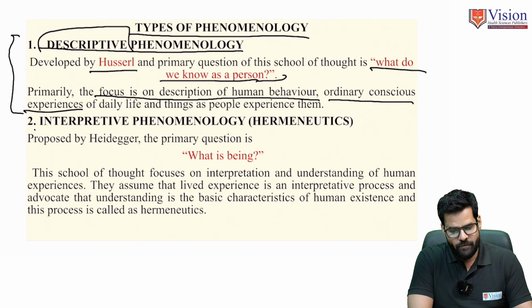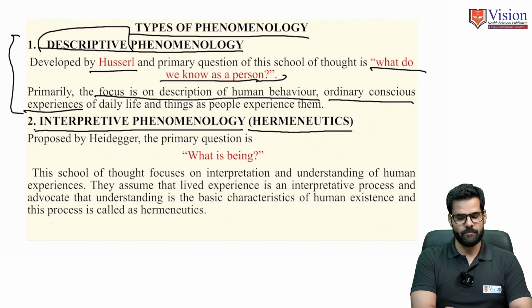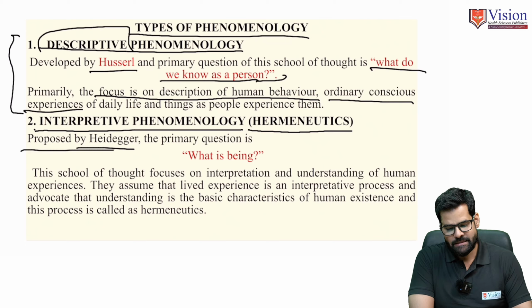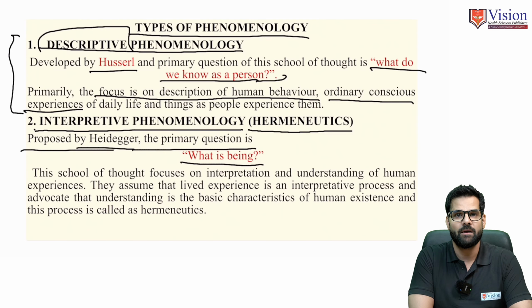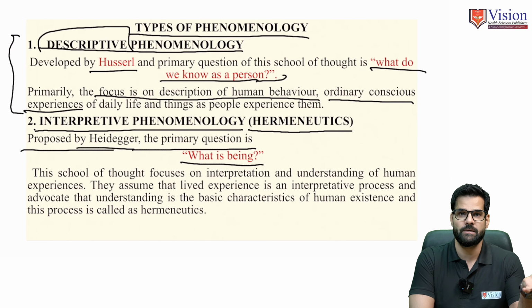The second type of phenomenological research is interpretive phenomenology, also called hermeneutics. It was proposed by Heidegger. Heidegger says the primary question is, what is being in the world? It is more philosophical, more abstract. What do I know as a person? I describe my conscious experiences to others, and the phenomenologist will record my experiences as they are without interfering.